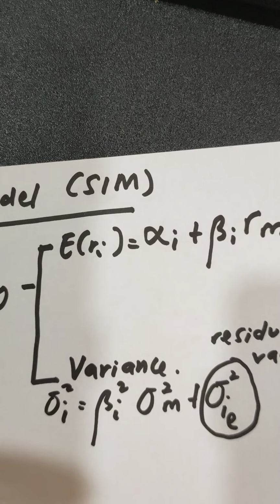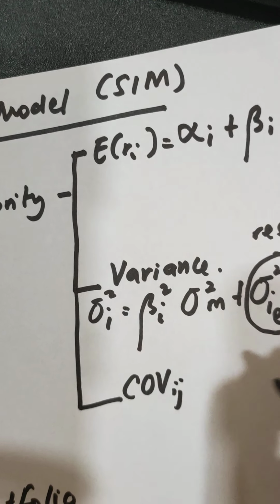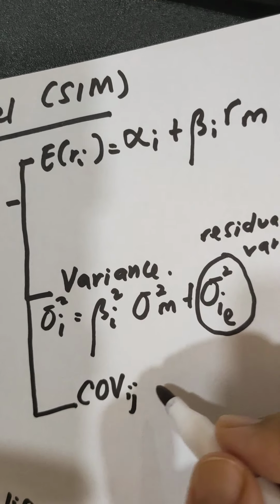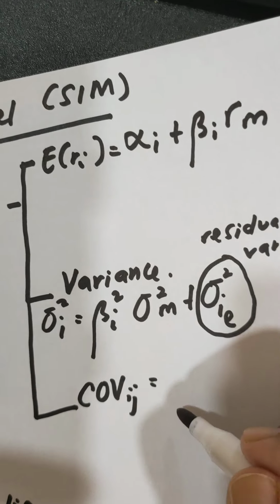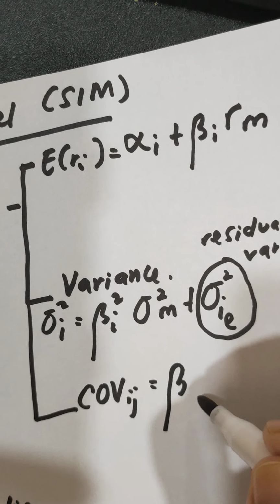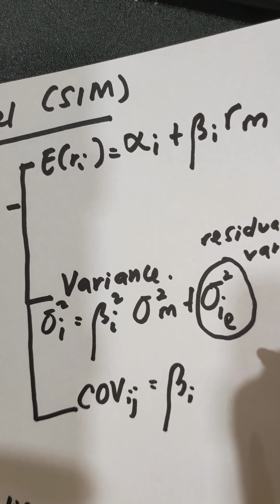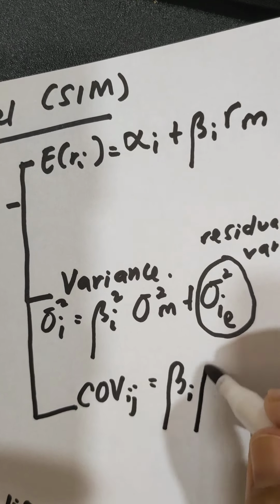Another component that you need to search for under a single security is the covariance for that particular security, assuming assets I and J. The formula would be beta for I multiplied by beta for J and multiplied with variance on market.